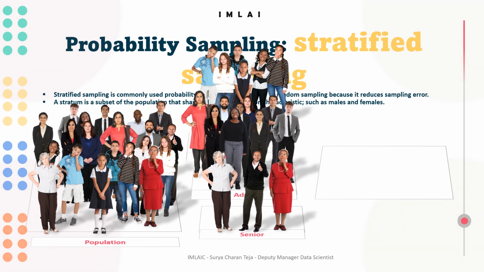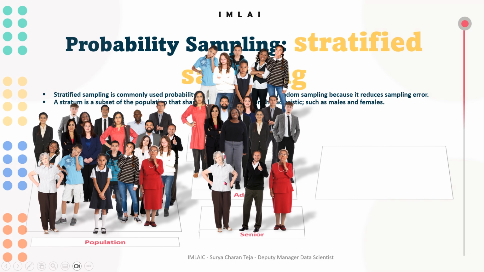Once I have created three different strata, if you observe them, at least one characteristic is similar. What is that characteristic? Their age. So these three strata with different sizes are homogeneous with respect to age, but they are heterogeneous with respect to some other characteristics.